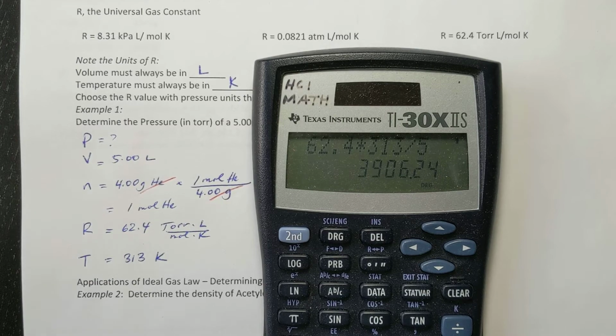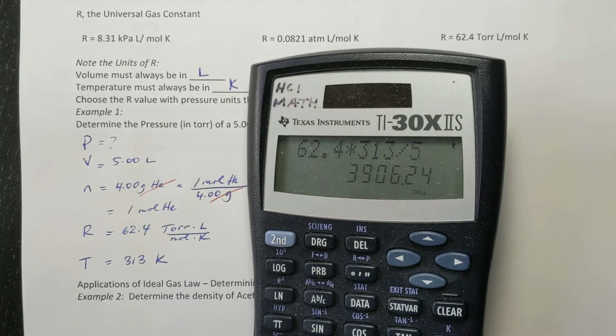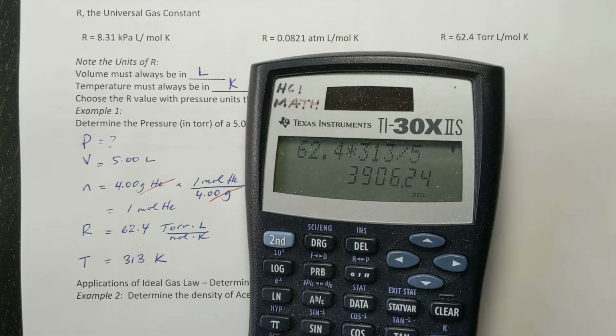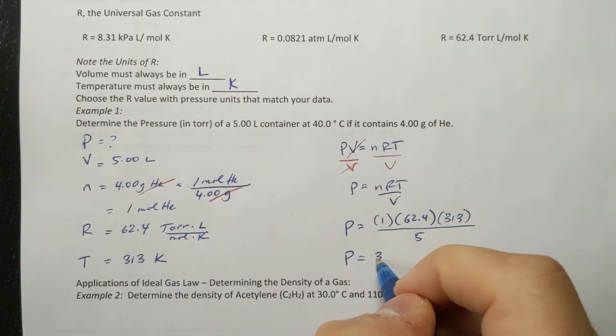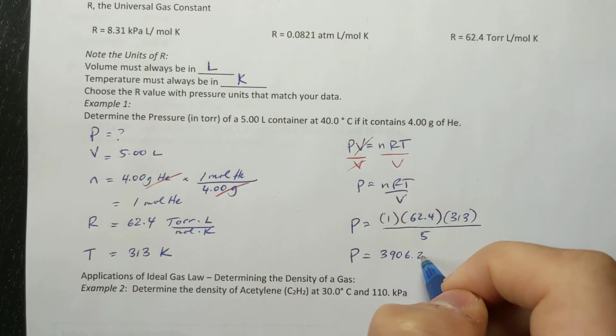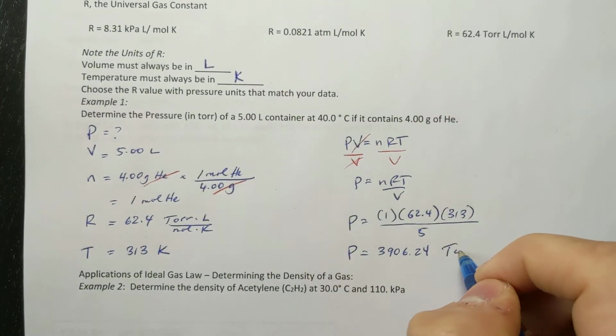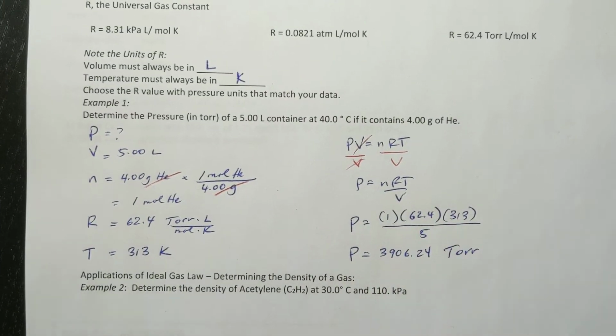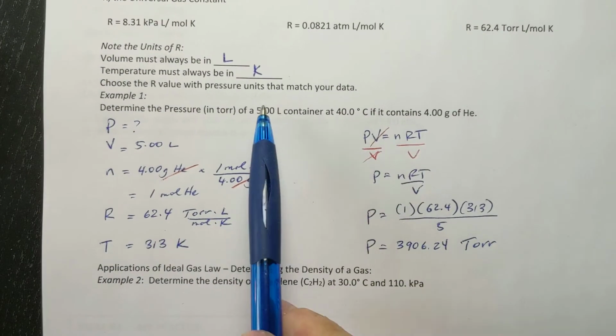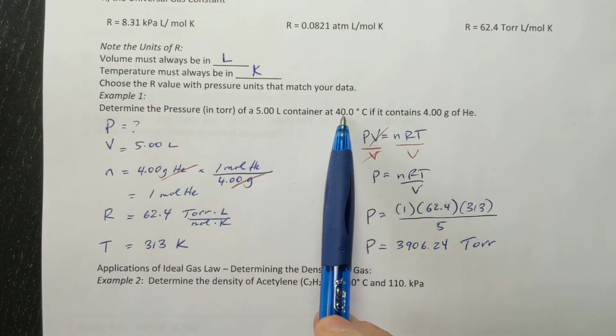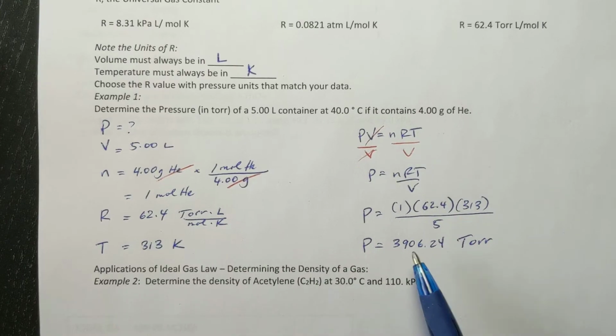So we end up with 3,906.24, and that is the answer in torrs. Now, if we take a look up here, 3 significant digits, 3 significant digits, 3 significant digits, which means that this has to be rounded to 3 significant digits.